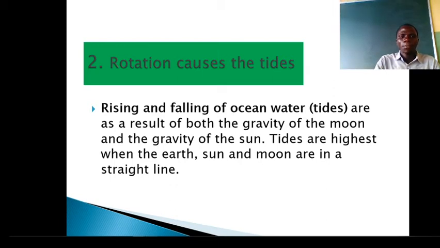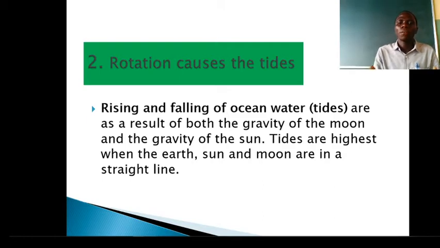When the earth is exposed to sun and the moon, the ocean level will increase because these tides are influenced by the gravitational forces of the sun and the moon.